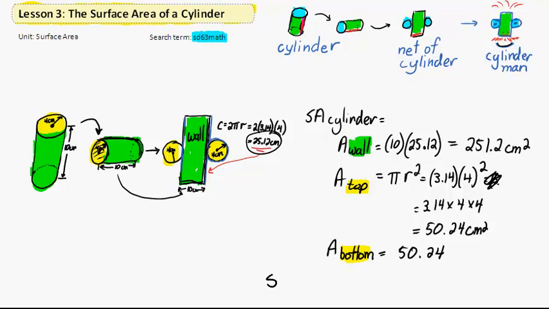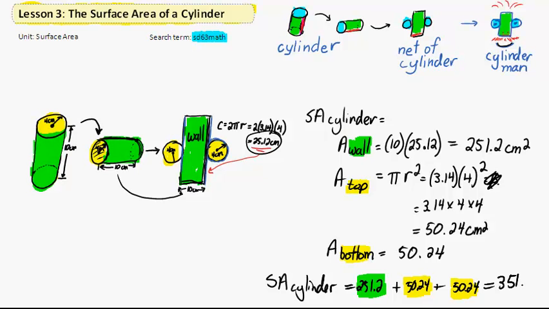The surface area of the cylinder is equal to the surface area of the wall, 251.2, plus the top, 50.24, and the bottom, which is the same. This all adds up to 351.7 centimeters squared. Well, that's the answer.